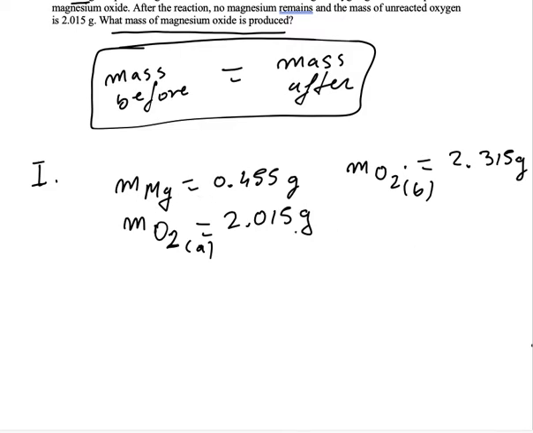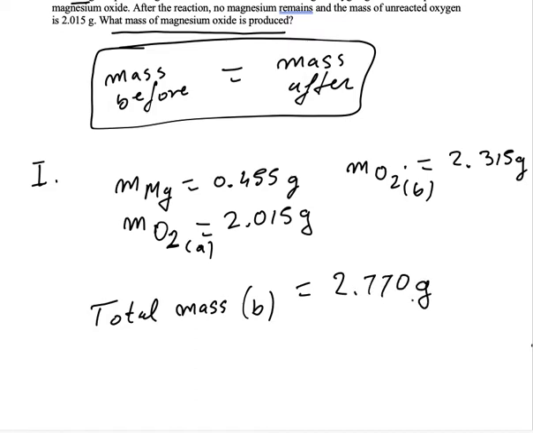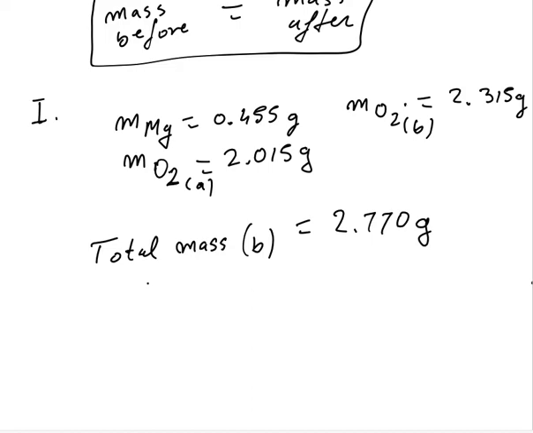You can find that by just adding the mass of magnesium, which is 0.455, with the mass of oxygen before the reaction, which is 2.315, which makes the total mass before the reaction 2.770 grams. That's the total mass.